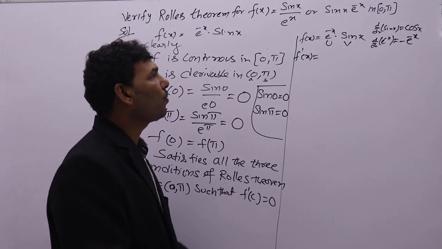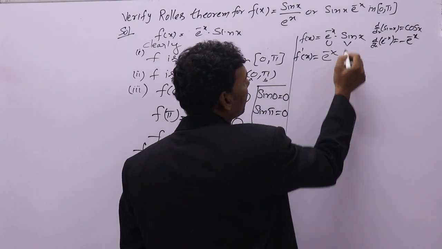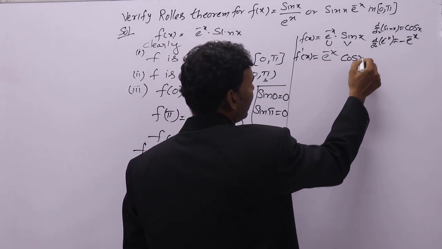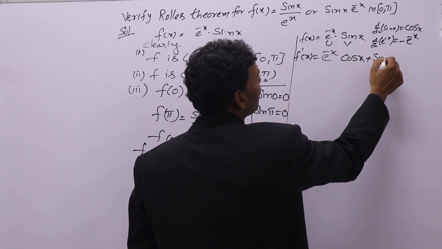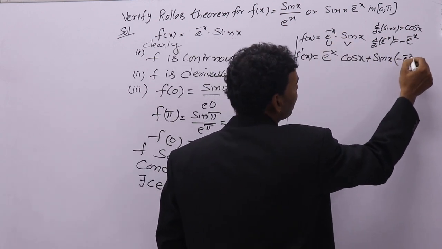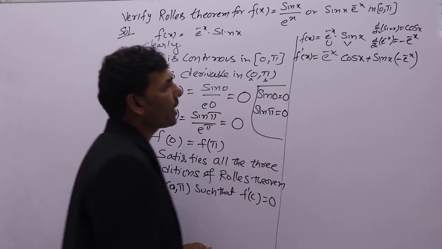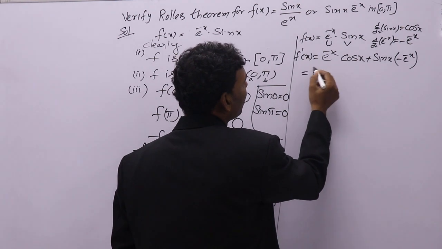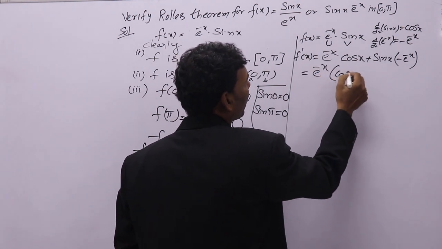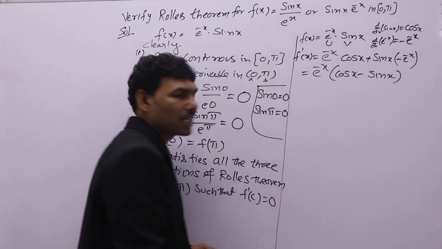If you know those 2 formulas, you get e power minus x into cos x plus sin x into minus e power minus x. Now what can you take as common? E power minus x, if you take common, you will get cos x minus sin x.